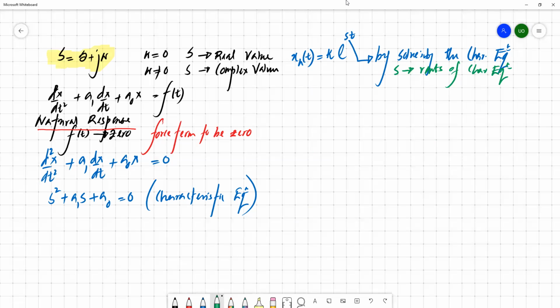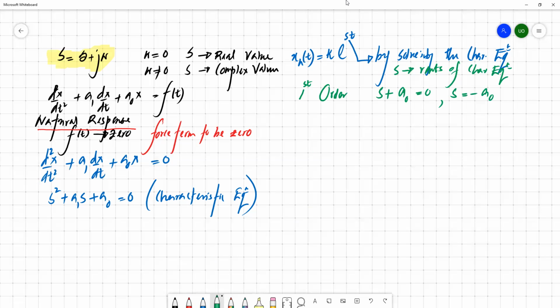If you find the roots of the characteristic equation, you can simply plug them in here and get the response. So if it is a first order circuit, your characteristic equation would be this kind. Then the root s is minus a naught.